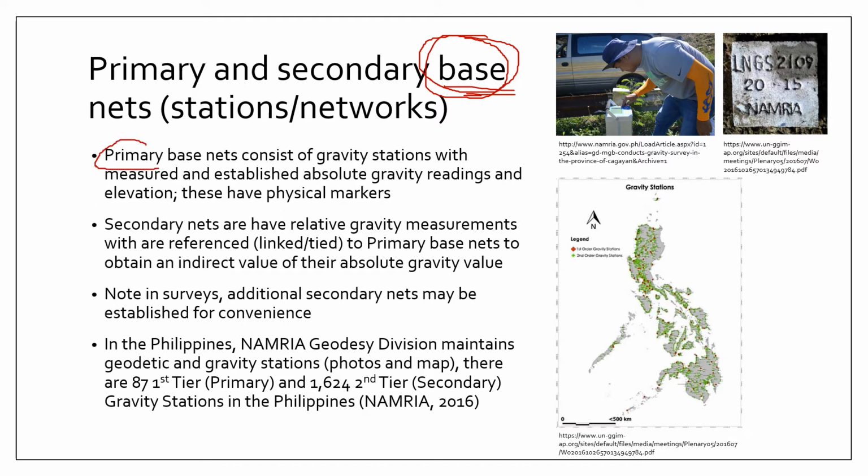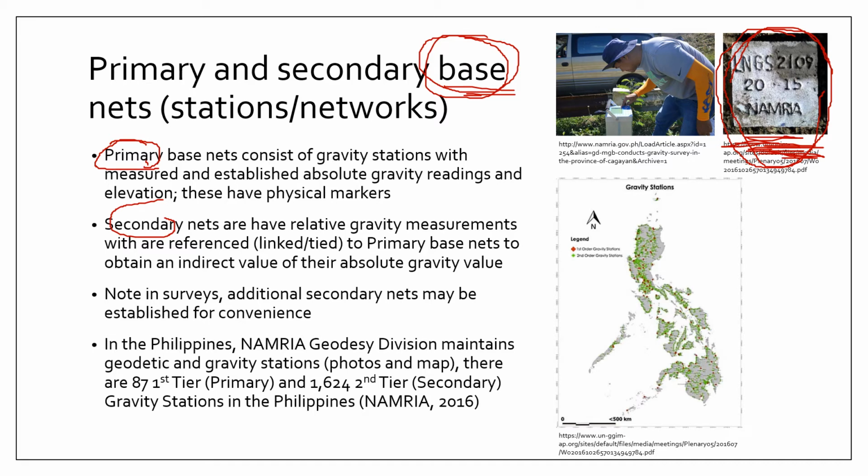You have a primary base and a secondary base. Primary base, so this is an example of a primary base or a primary gravity or a gravity base station. So this was established and is being maintained by NAMRIA.